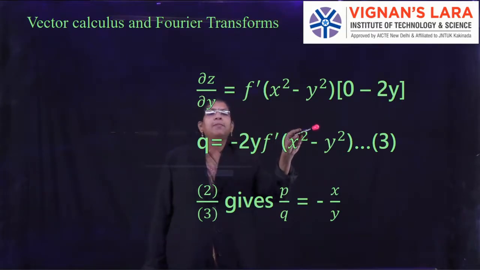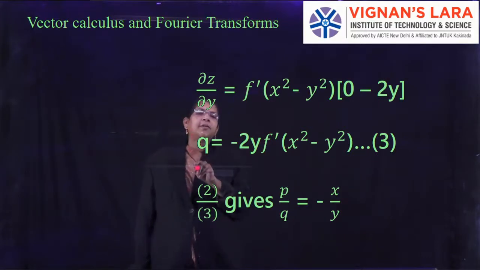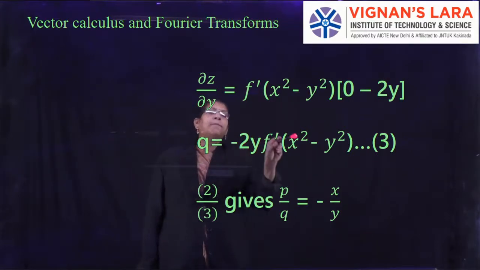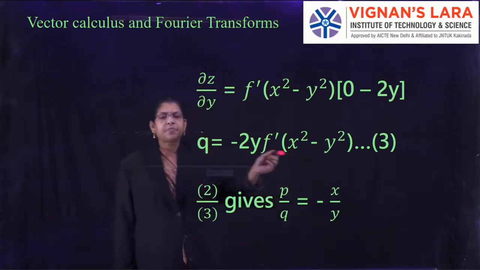If you simplify, ∂z/∂y is nothing but q, equal to minus 2y into f dash of x² minus y². Take this as equation number 3.